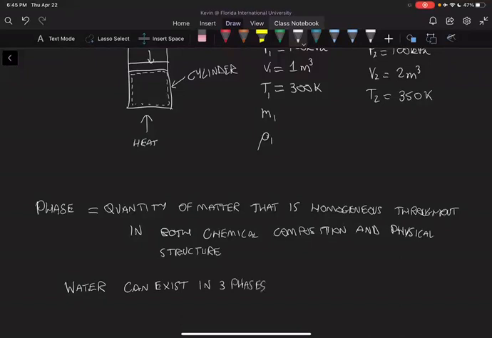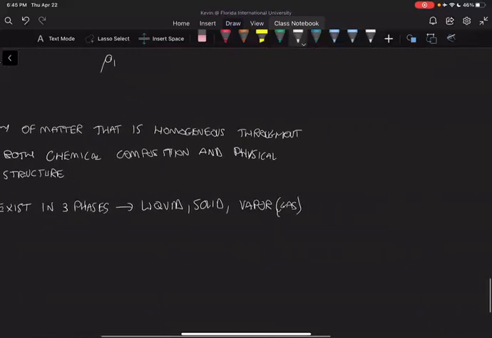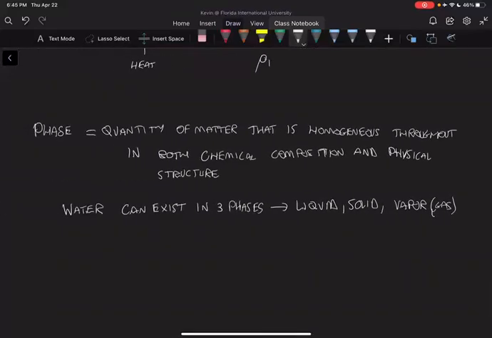And you should be able to know these phases, but the 3 different phases are liquid, solid, and vapor, or sometimes also called gas. Okay, but for water, we usually call it vapor. Okay, and a phase is just one of those three, right? One phase is either liquid, solid, or vapor.